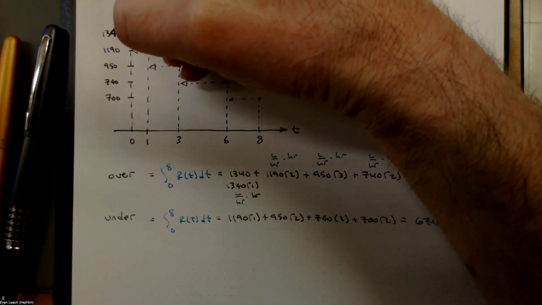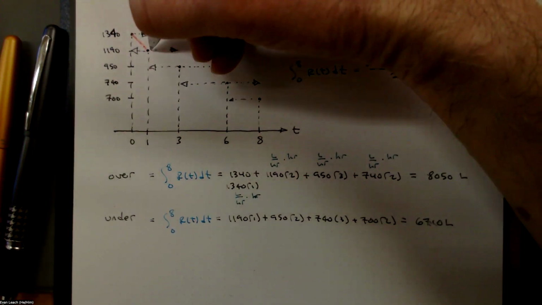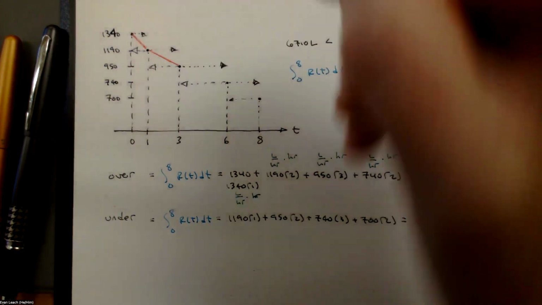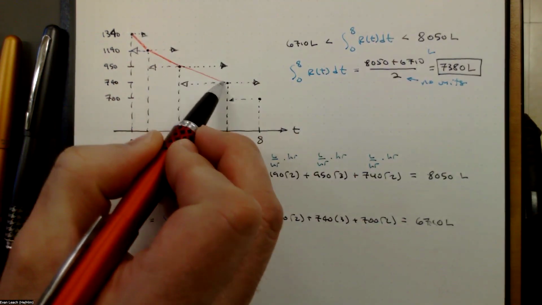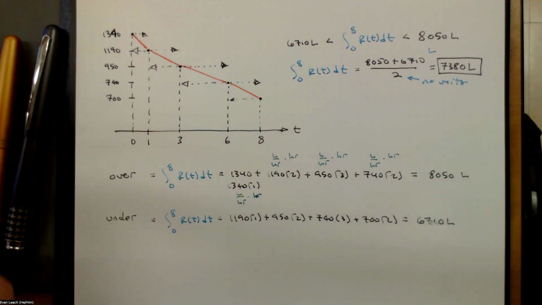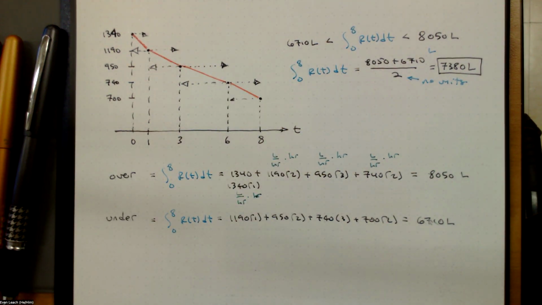If I connect all the points with a line, we'll find the area of all these trapezoids. A trapezoid is just the average of the two rectangles that contain it. So by finding the average of our overestimate and our underestimate, we are still thinking linearly.